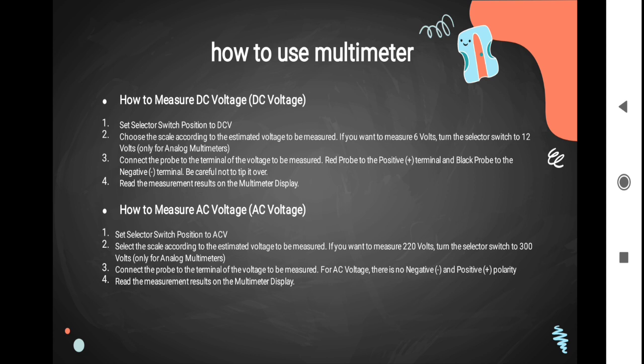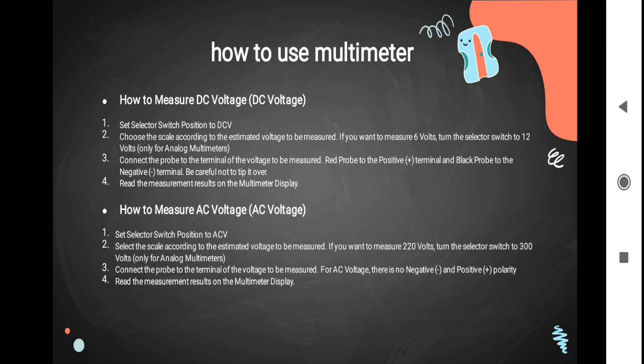How to measure AC voltage? 1. Set the selector switch position to ACV. 2. Select the scale according to the estimated voltage to be measured. If you want to measure 220 volts, turn the selector switch to 300 volts. 3.